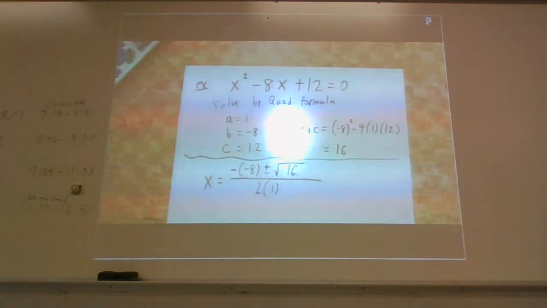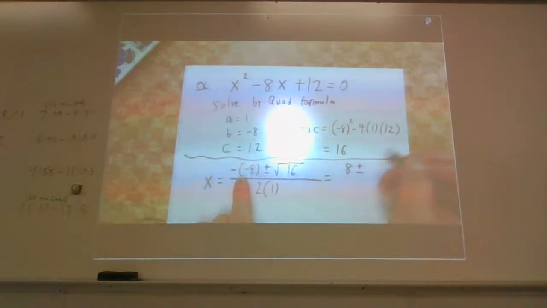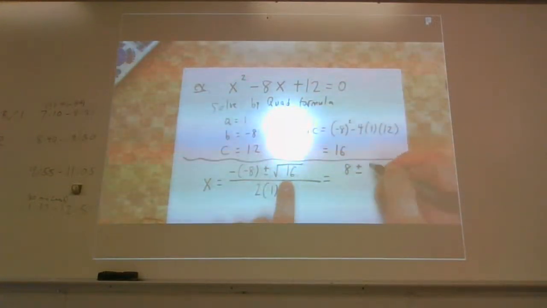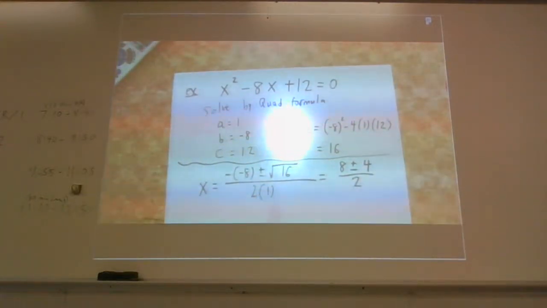Your job is to break this thing down piece by piece. There are 3 pieces. There's the negative 8, which now becomes a positive 8. There's the square root of 16, which becomes a 4. And there's the bottom of the fraction, which becomes a 2.